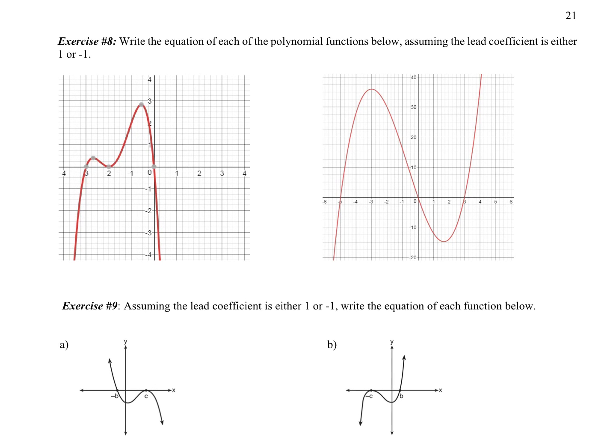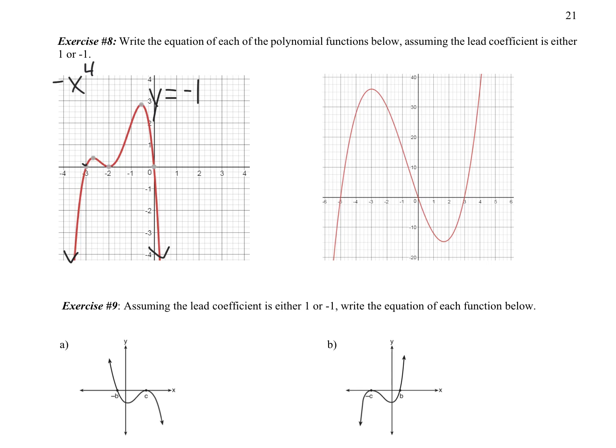Here we have a picture, and we want to write the equation, and we are once again assuming that the lead coefficient is either 1 or negative 1. Now here, I do have to decide, is the lead coefficient 1 or negative 1? I can tell this is an x to the 4th graph, and because both arrows are going down, I can tell it's negative x to the 4th. So that tells me the lead coefficient is negative 1.